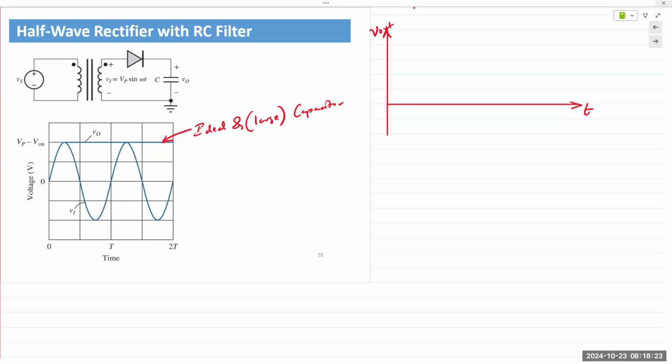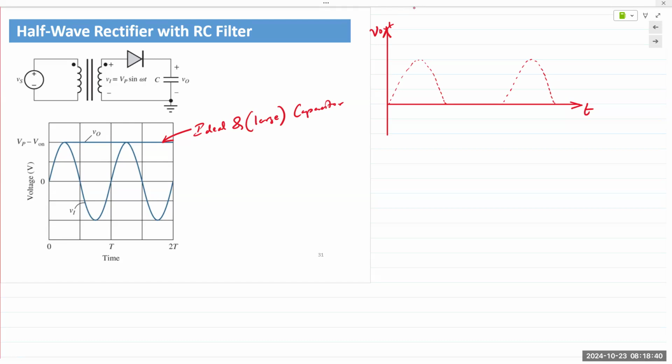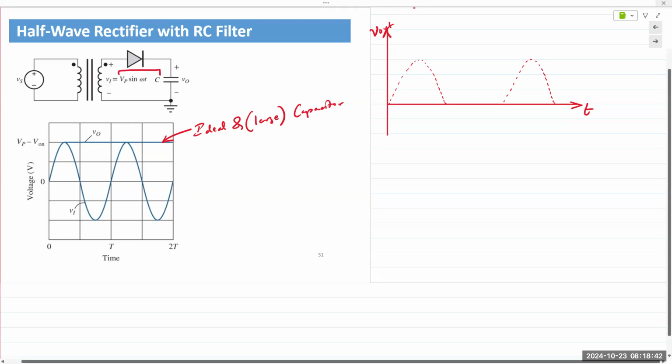So if we have the output of a half-wave rectifier that looks like this, and we connect a capacitor at the output, current comes from the transformer through the diode.